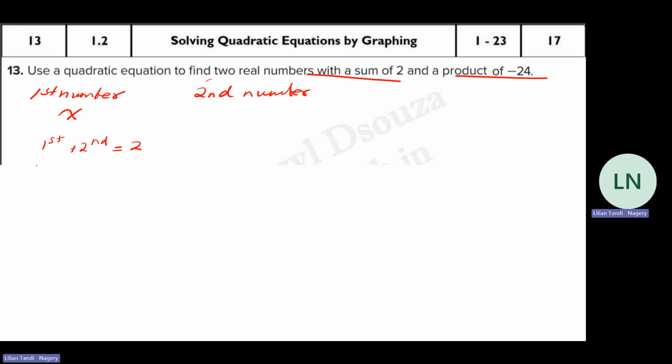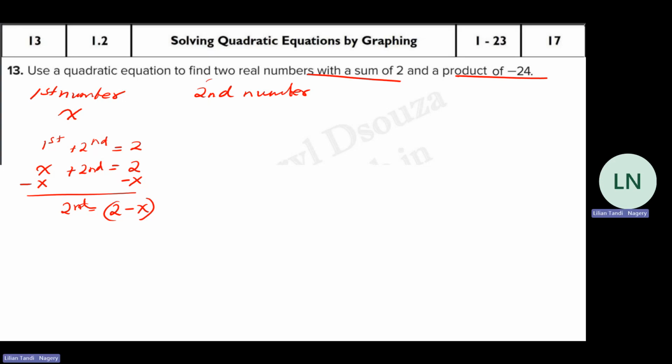So what will I do? My first number is x plus the second number should equal 2. To get the second number, I must minus x on both sides. So the second number will be 2 minus x. Okay?